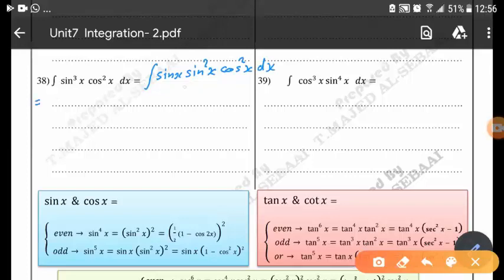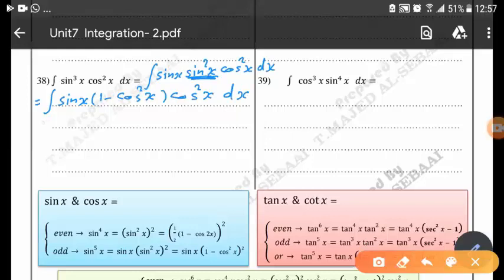Now, what will I open? I will open this. Sine squared is 1 minus cosine squared, right? So it will be sine, I will not touch the first sine. The second sine squared is going to be 1 minus cosine squared x, and cosine squared x dx.